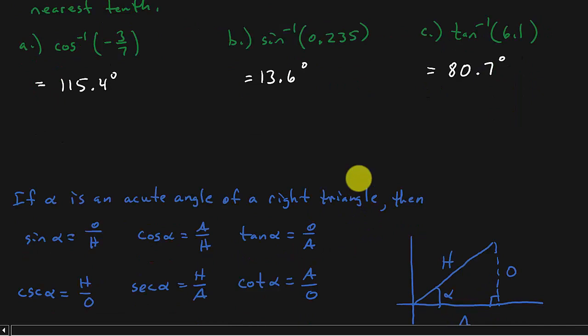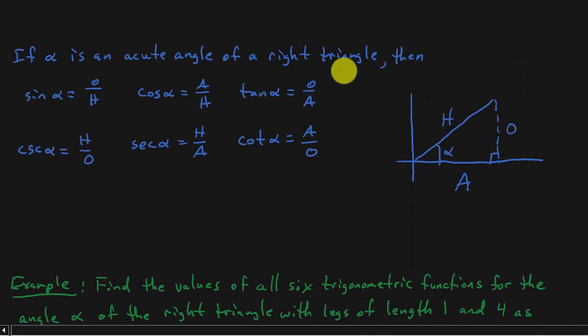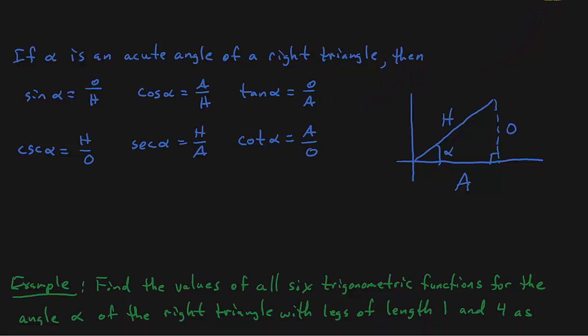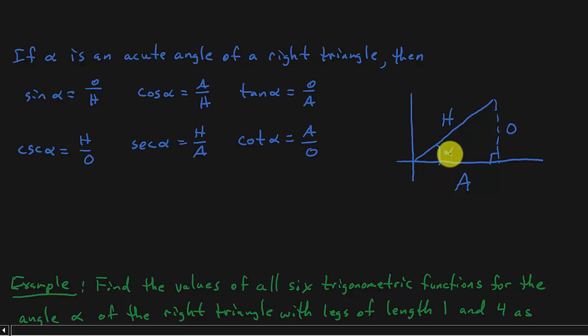All right, so now let's look at this when we have a right triangle. If alpha is an acute angle of a right triangle, so here's alpha and here's your right angle, then sine alpha is O over H, opposite over hypotenuse, cosine is adjacent over hypotenuse, and tangent is opposite over adjacent.